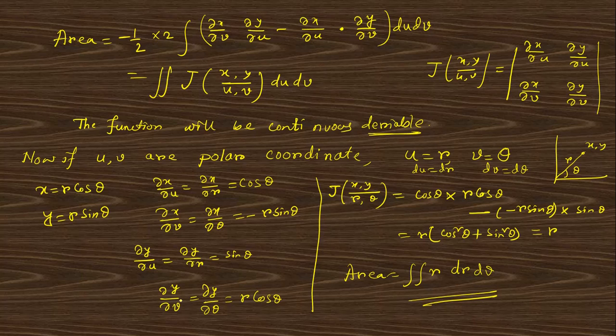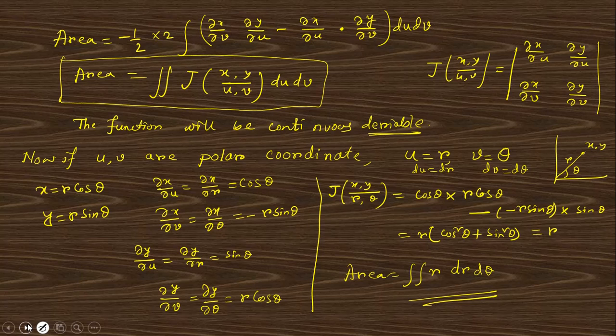I already discussed it in the previous section, when I said it would be proved in a forward video, and this is the proof that in a polar coordinate system the small area is r dr d theta, and this is the standard formula used for area in any coordinate system. Clear? This is a very important question.